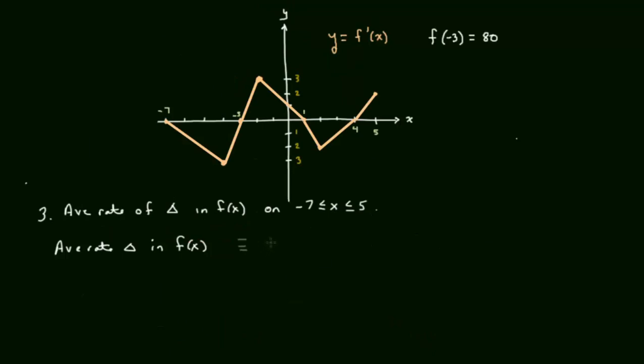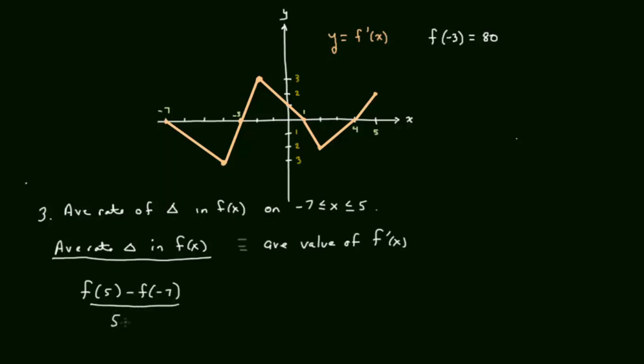Equivalent to the average value of f prime of x. And you can approach it in either way. Using this way here, average rate of change in f, well, then we use the difference quotient. F of 5 minus f of -7 all over 5 minus -7.